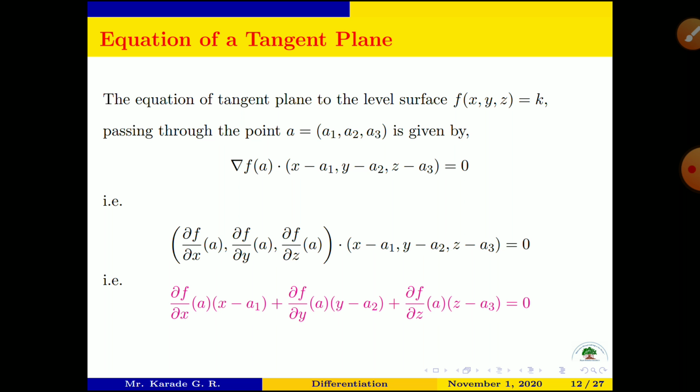So this is the required equation of the tangent plane to the given surface at a given point. Afterwards we will solve some problems based on this equation of the tangent plane.